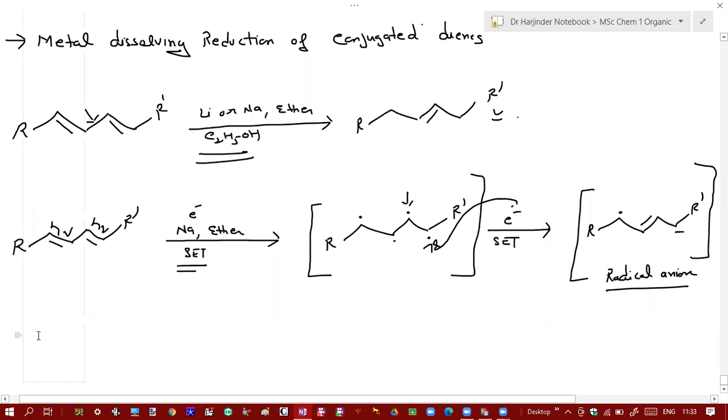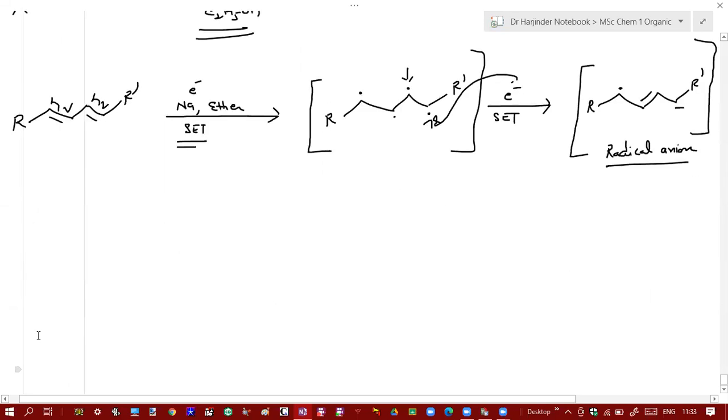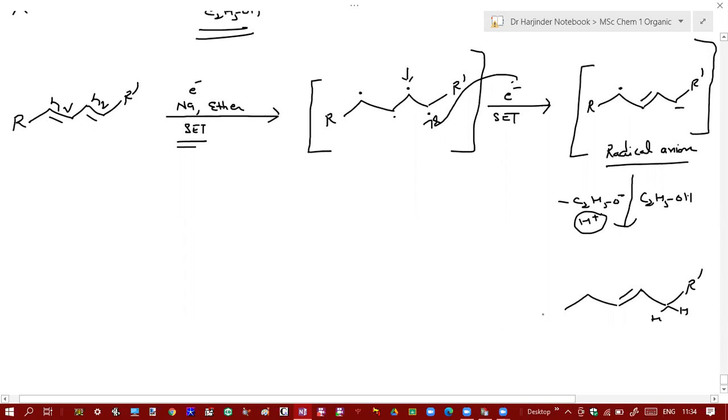Very easy. Electron transfer will happen to the other radical. Before electron transfer, since there is a negative charge, this negative charge will take a proton from a proton source like ethanol. So there will be a transfer of H plus ion to this negative charge, and it will become a simple radical.